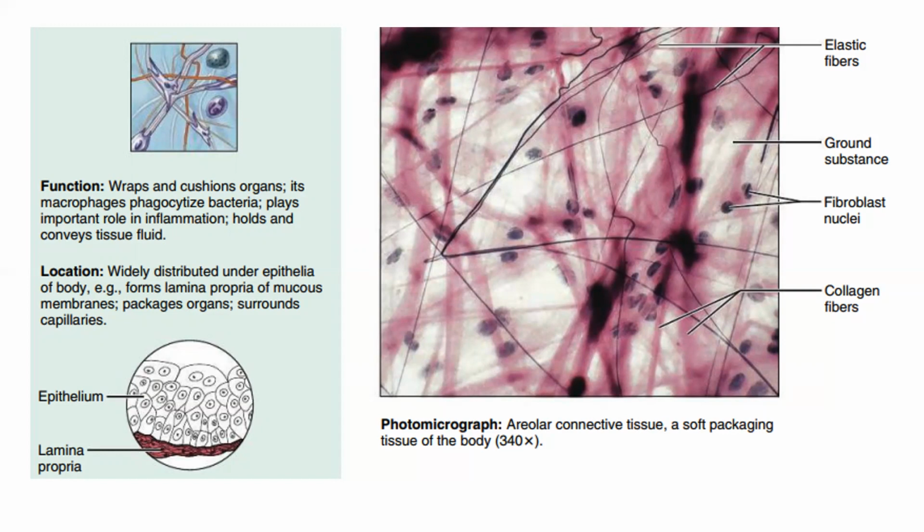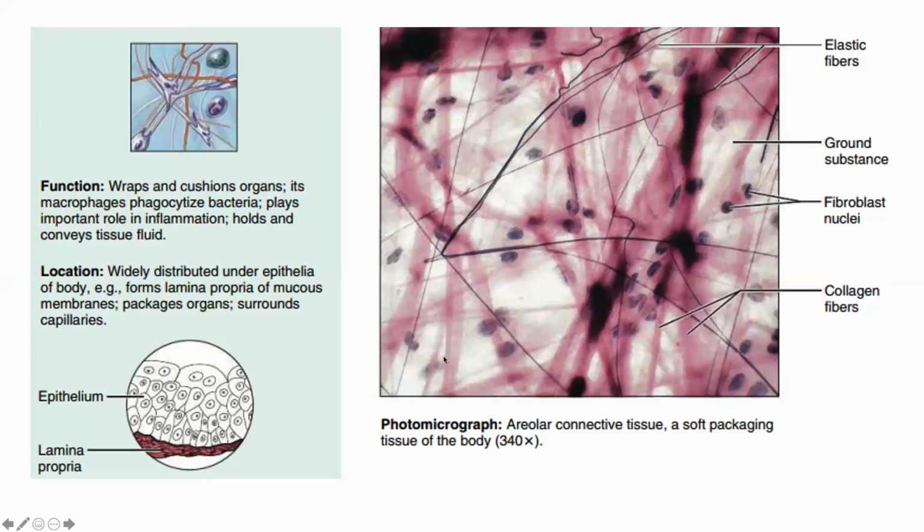So look at these epithelial tissue, which need to sit on another form of tissue. And this areolar connective tissue, which is also called lamina propria, is holding all these epithelial tissue, supporting them and packaging them, surrounding them.